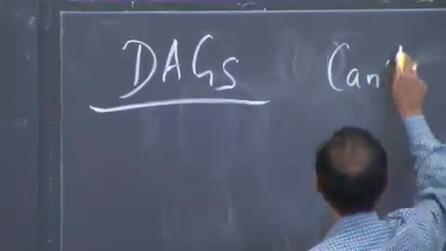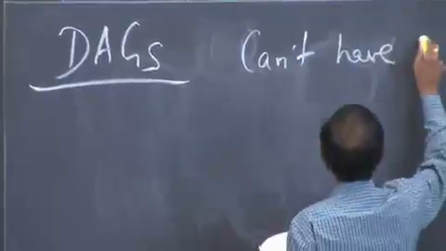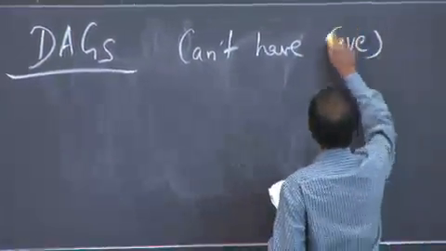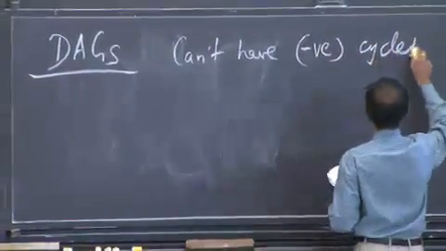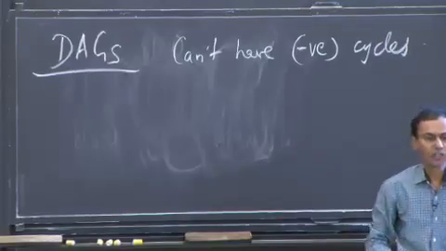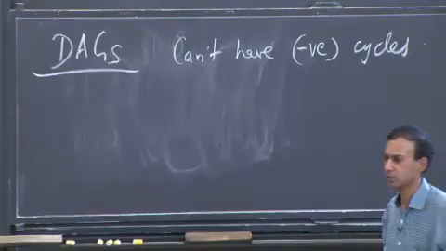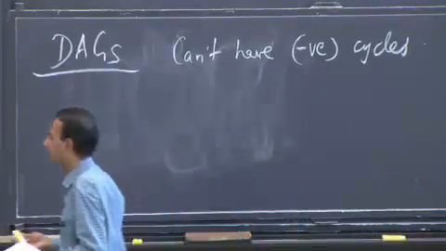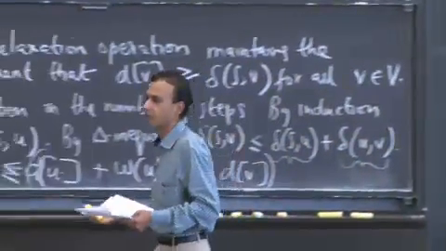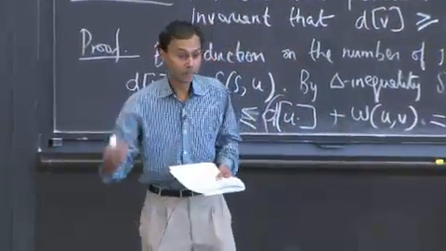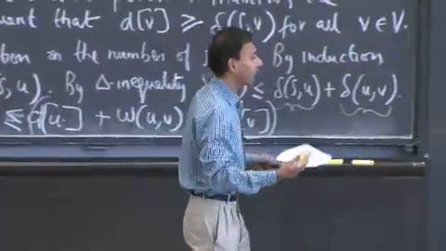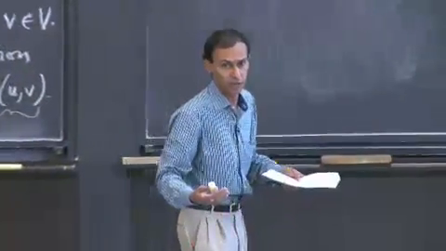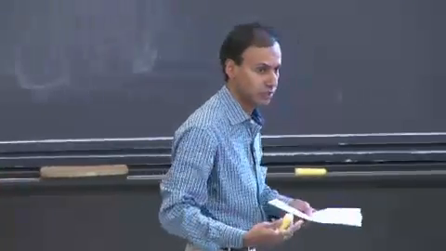So that means we can't have cycles, so we can't have negative cycles. So that's why this is an interesting special case. It makes things a little bit easier for us because we don't have to worry about negative cycles. We're actually going to look at DAGs that have negative edges in them. All right? So we're allowed to have negative edges in these DAGs, but we don't have negative cycles.